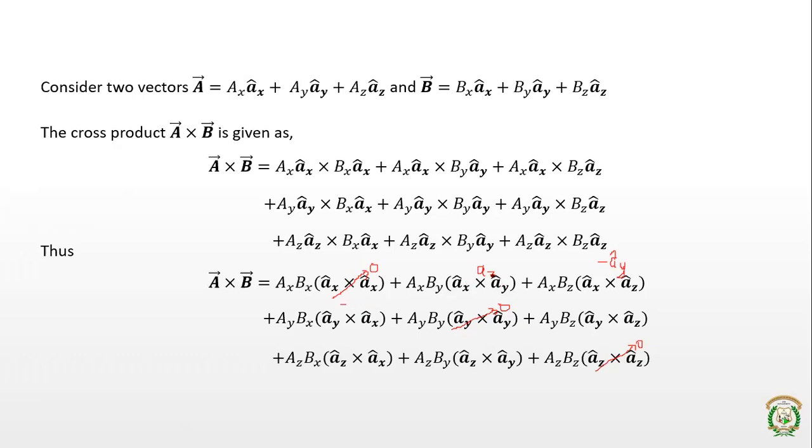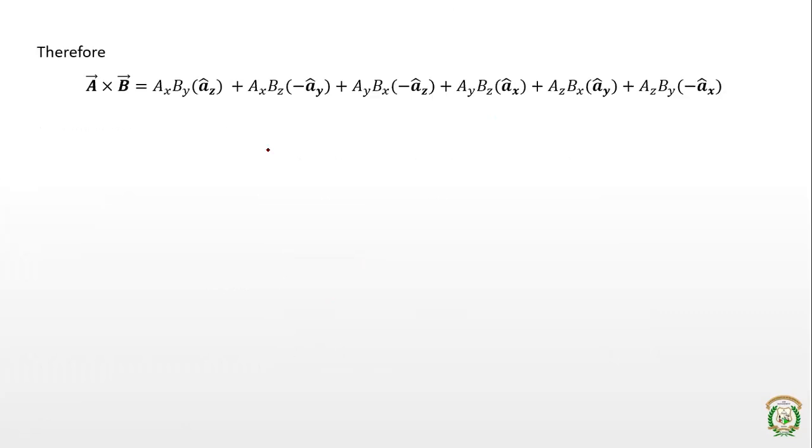If ax cross ay is az, ay cross ax will be minus az. What is ay cross az? Ay cross az is ax. Az cross ax is ay, and az cross ay will be minus ax. Okay, so taking these products, you will get this.